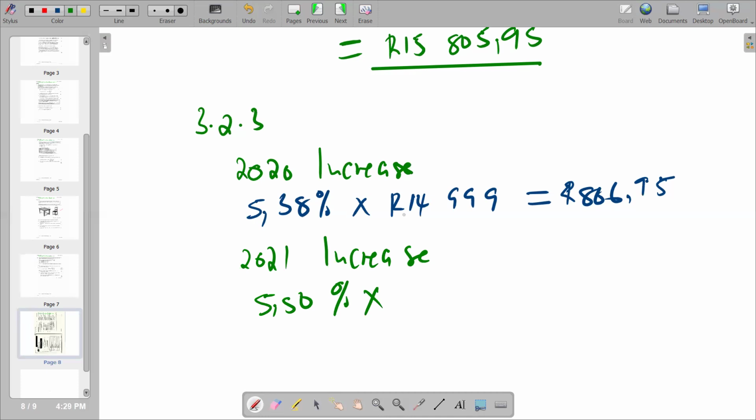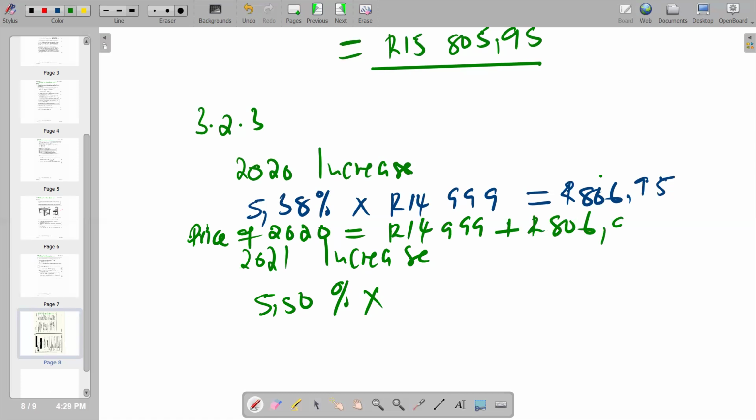The price of 2020, we can just plug in here: the price of 2020 is equal to 14,999 rands, and then we add our 806 rands 95 cents.